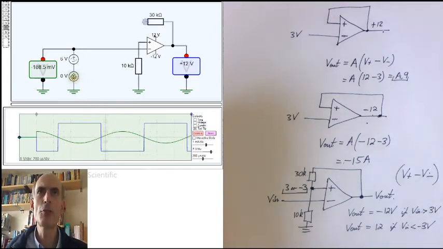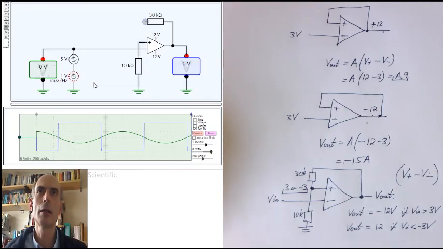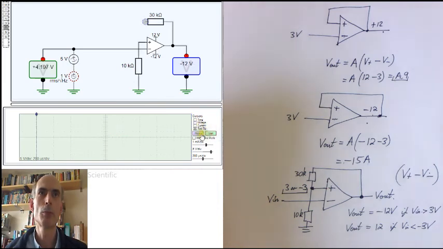If I change this second source here so that it wasn't a pure sine wave, but if I change it into a noise source and maybe give it a value of 1 volt RMS per root hertz, we'll talk about the units of noise much later. What this is effectively going to do is put a 1 volt random signal on top of the 5 volt sine wave. So, we'll run it again.